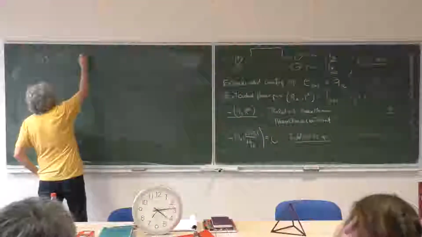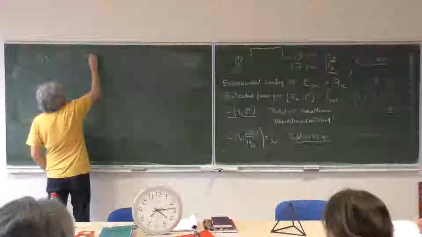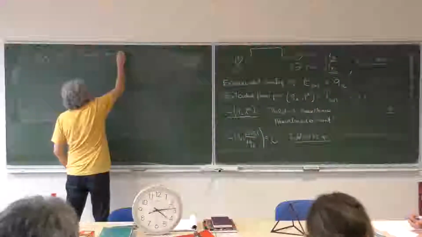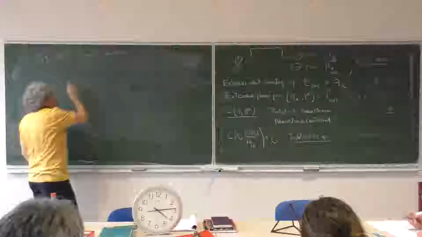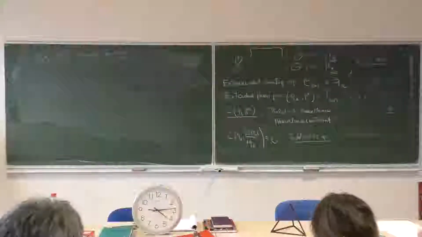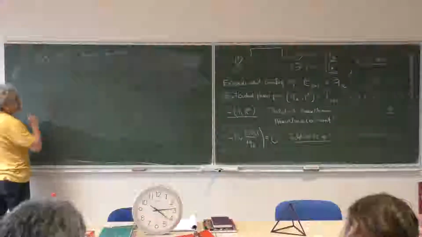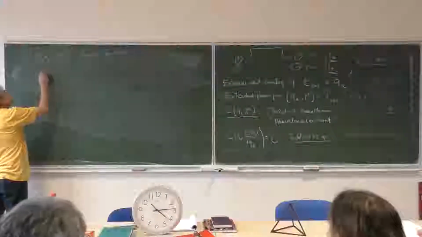So this is a Hamilton function. It is defined to be a solution of the Hamilton-Jacobi equation in both initial and final variables. And how does it determine the evolution?